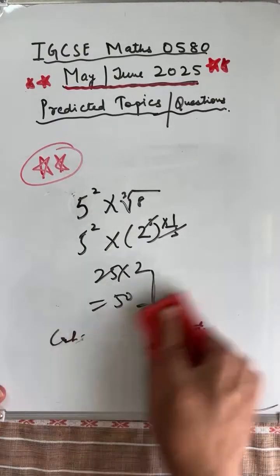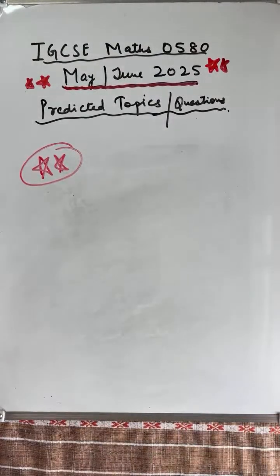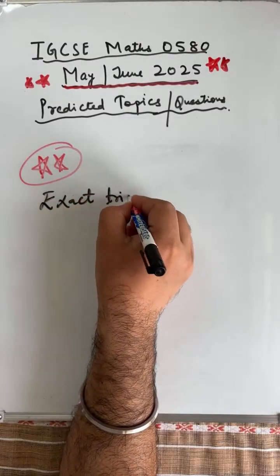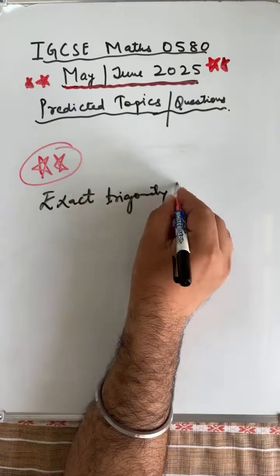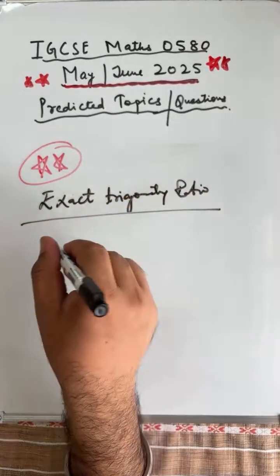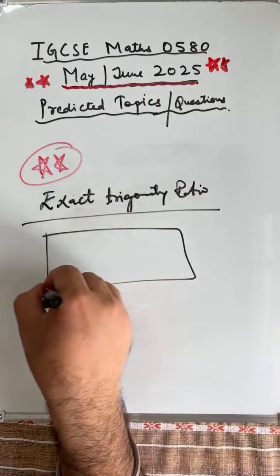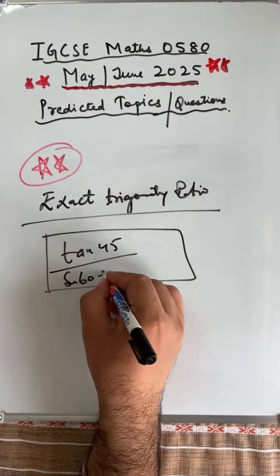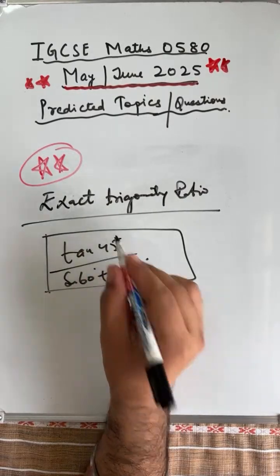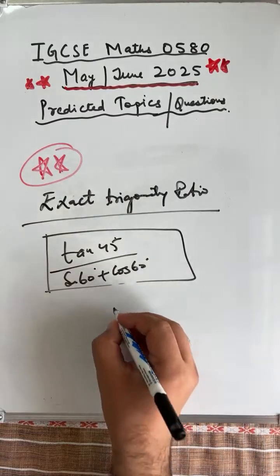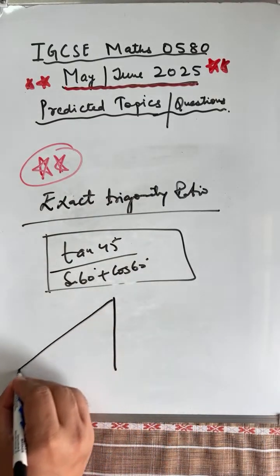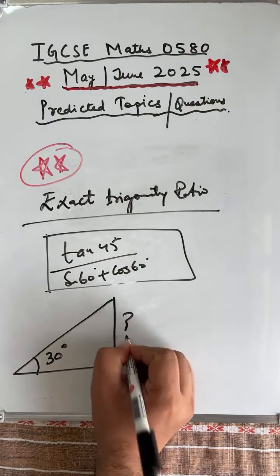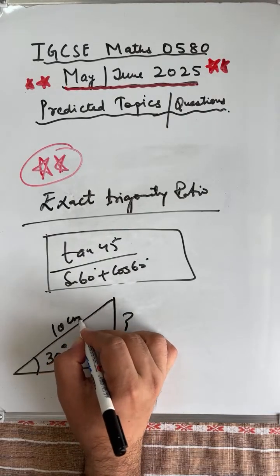Now one more important question type is exact trigonometric ratios. You will be given an expression likewise tan 45 upon sine 60 plus cos 60, or there will be a figure also, like this is 30 degree, you have to find this, and this is given 10 centimeter.